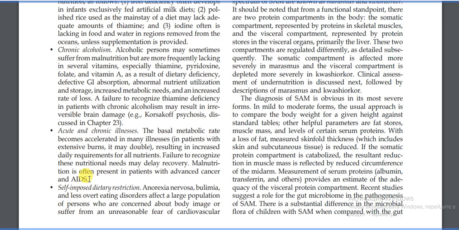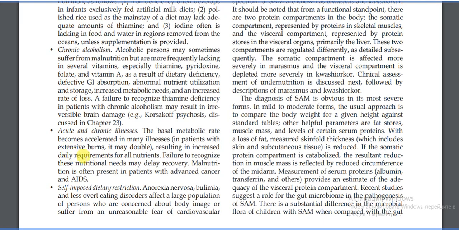The mechanism of this we discussed before. In the case of cancer, it's caused by increased circulatory TNF, tumor necrosis factor, which acts on the nutrient center in the hypothalamus, which decreases appetite of these patients and causes cachexia.